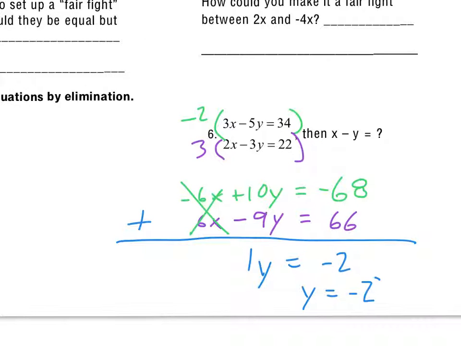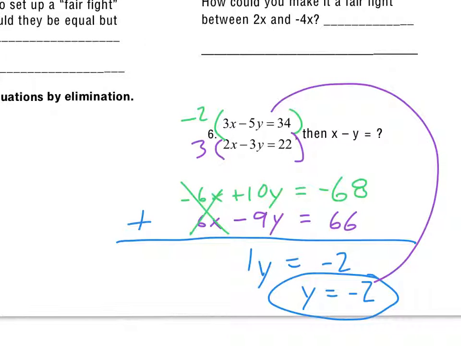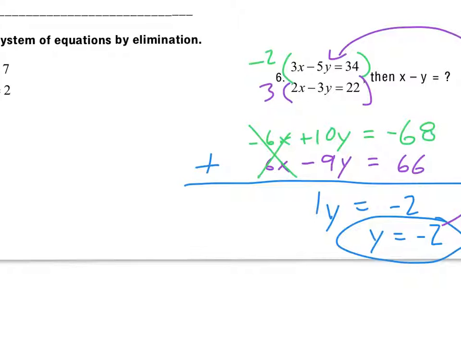Now I'm going to take that y equals negative 2 and again plug it back into the equation anywhere that I see a y. So we'll use this one. And so that gives us 3 times x minus 5 times negative 2, because we just plugged in that y that we just found for our y right here, equals 34.